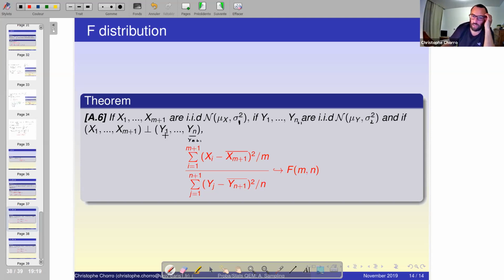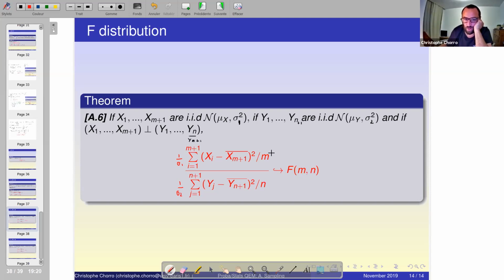And I have to modify my slide slightly here. I said that in this situation, if I multiply by 1 over sigma 1 and here by 1 over sigma 2, this ratio follows an F distribution of parameter m and n.